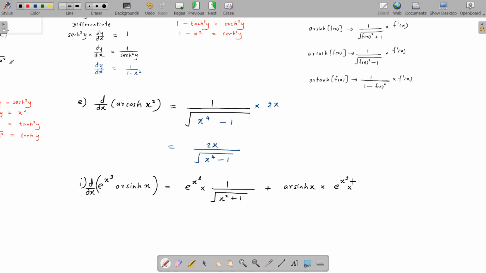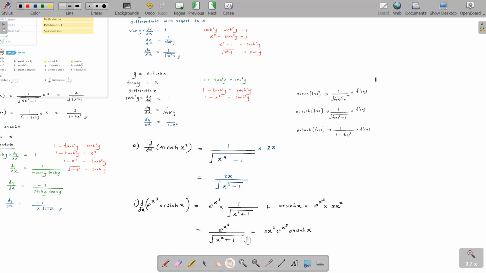The f(x) is x cube, so x cube differentiation is 3x square. Can you see how far this goes? So basically it's e to the power x cube over root x square plus 1, plus 3x square e to the power x cube into r sin x. Okay, so this is the differentiation.